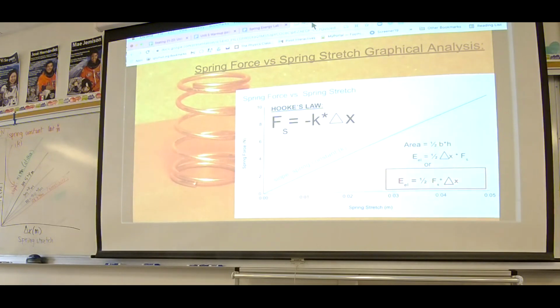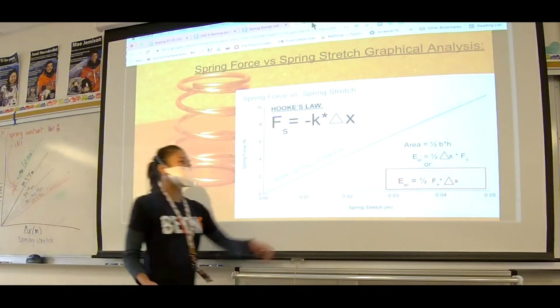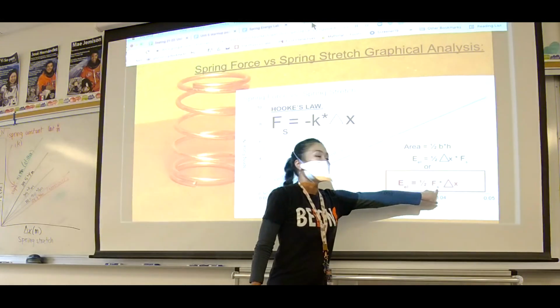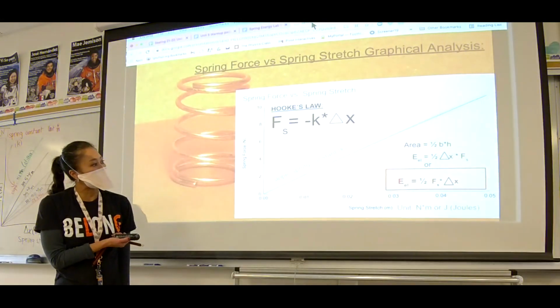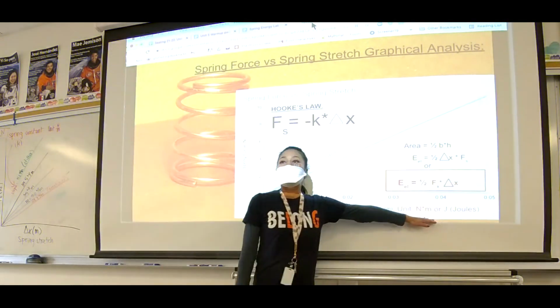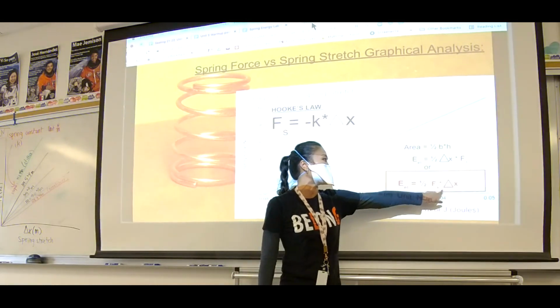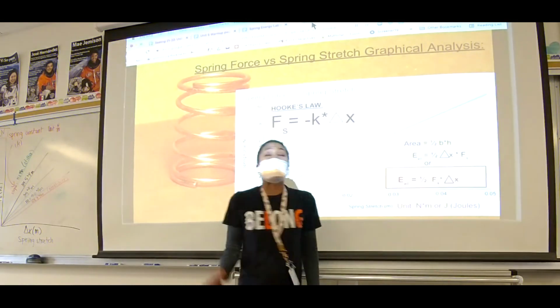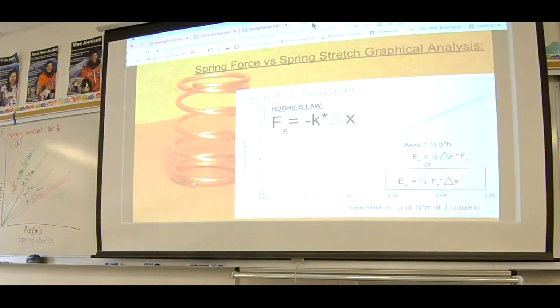They give you a second equation though. The reason why they give you a second equation is just in case you don't know what the force is, then you can use this next one. Another thing: the unit for elastic potential energy is newtons times meters, because force is in newtons and delta x is in meters, but for energy in general, we call that unit J for joules.